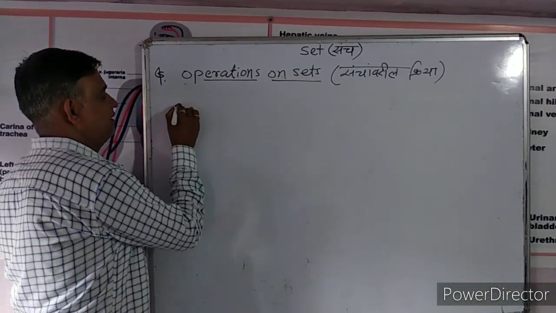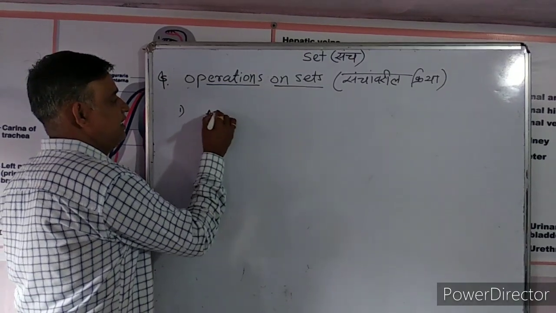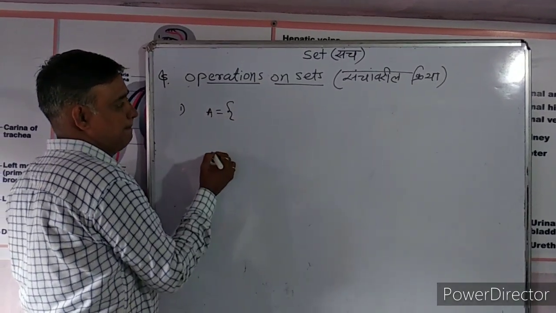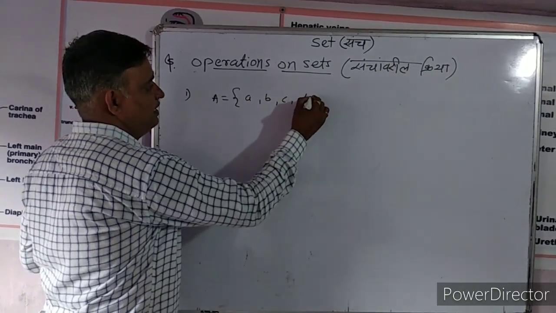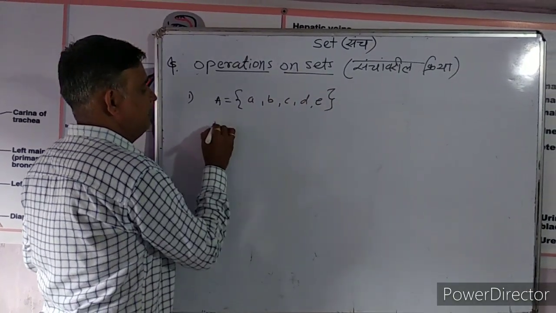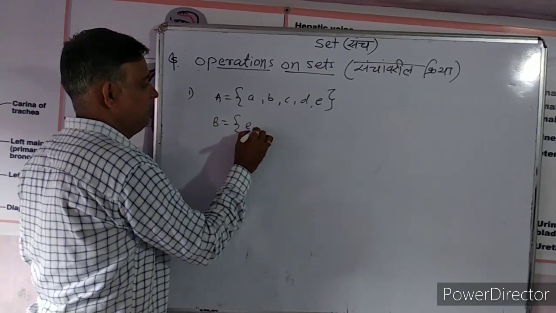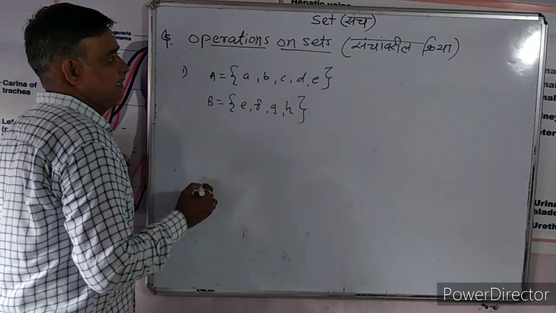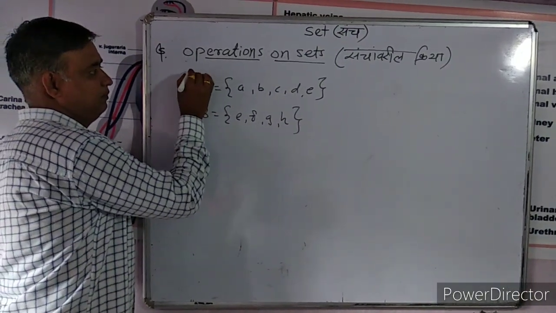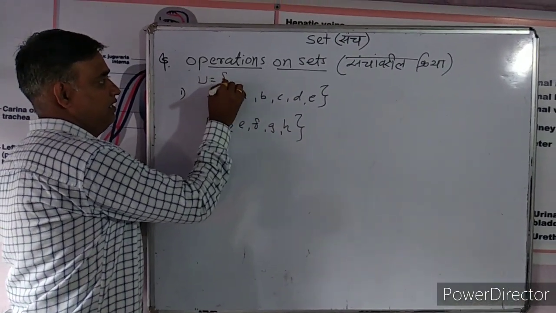Suppose in the first example A is equal to {A, B, C, D, E} and B is equal to {E, F, G, H} and U is the universal set.